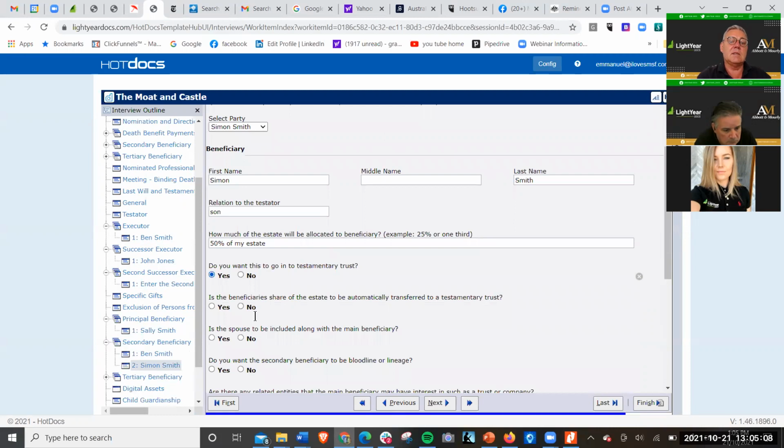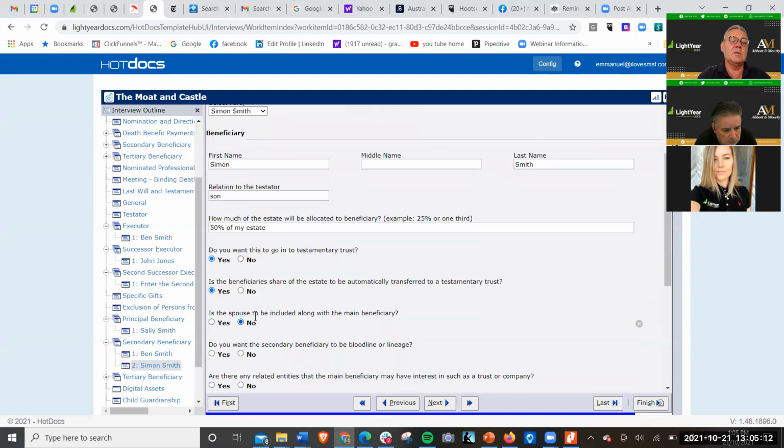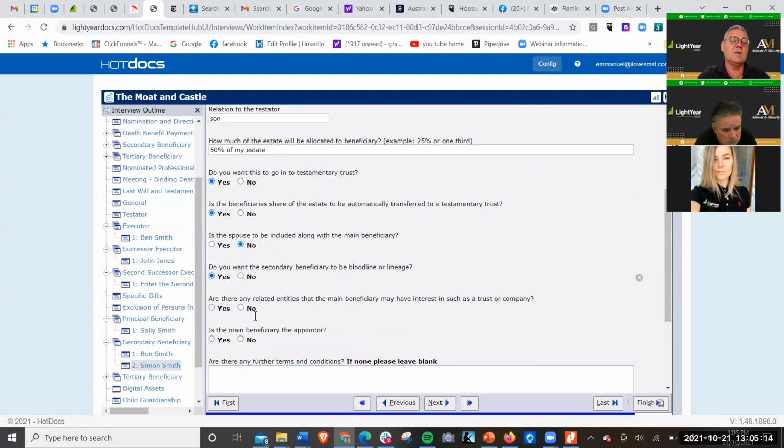Do you want this to go into testamentary trust? Yes. Does it be automatically? Yes. Is the spouse? No. Yes. Secondary bloodline? No. Are they appointor? No. So Ben is to be the appointor and trustee for the trust.